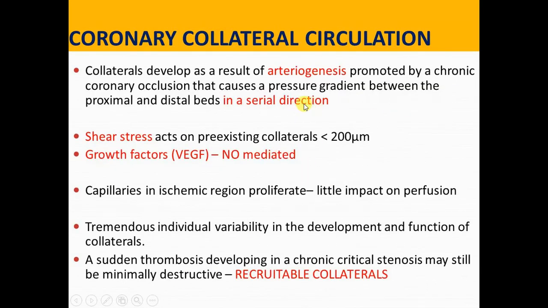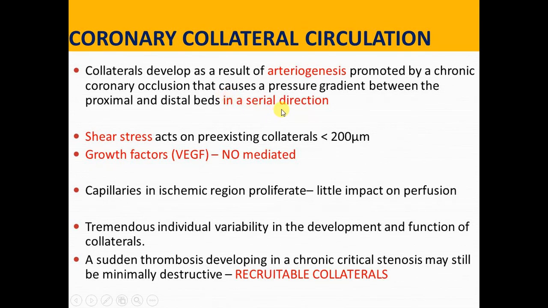Coronary collateral circulation develops as a result of the arteriogenesis promoted by chronic coronary artery occlusion that causes a pressure gradient between the proximal and distal bed in a serial direction. So it's a potential anastomosis, and arteriogenesis occurs when required, when there is chronic coronary occlusion on the right side or the left side.